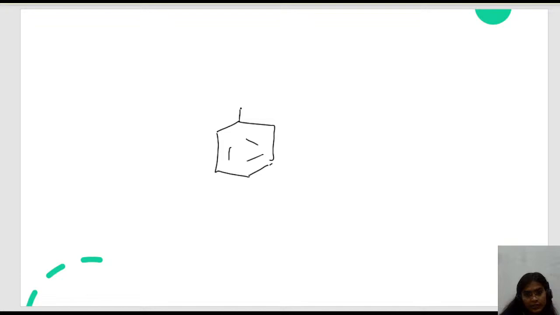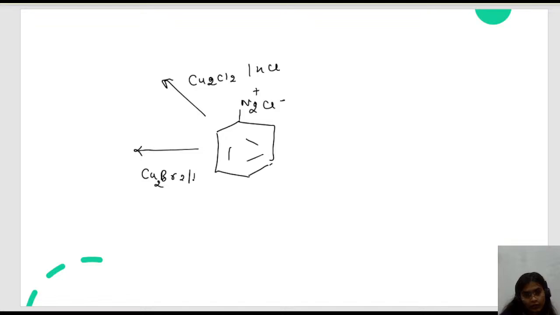So this is our benzene diazonium chloride. Let's first talk about if I am using Cu2Cl2 and HCl. And the second part, we are using Cu2Br2 or some HBr.